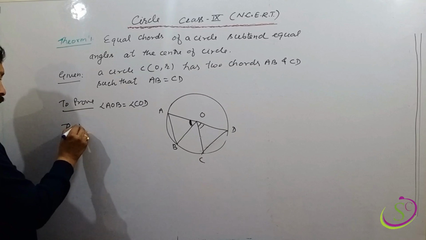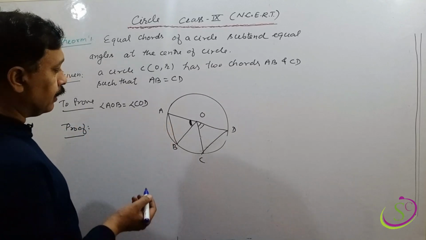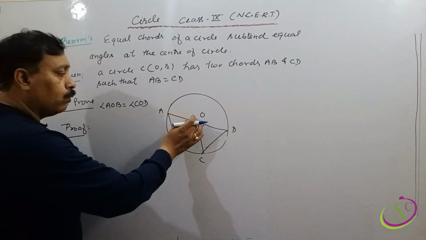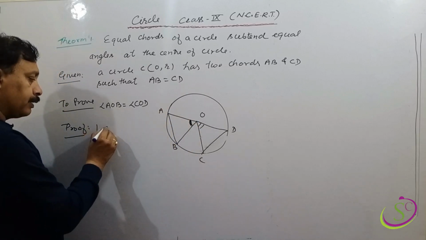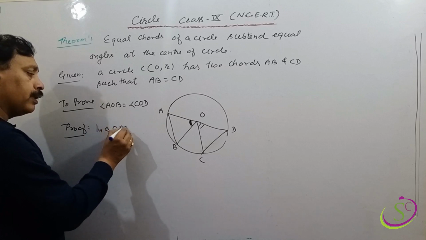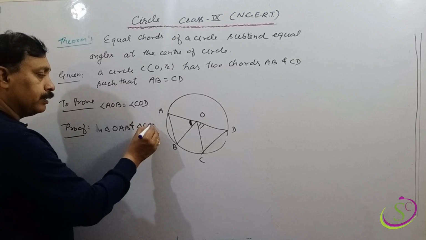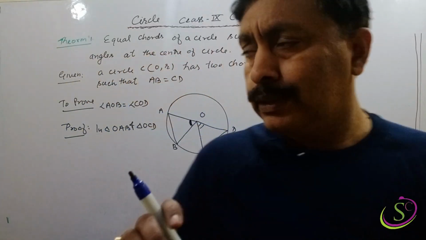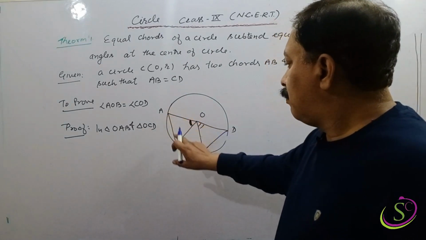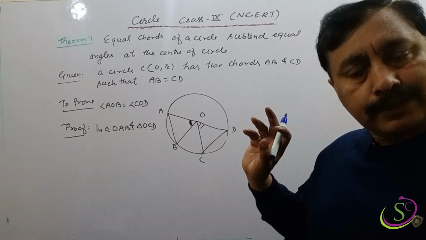To prove this, proof. Clearly, here are two triangles. One is OAB and one is OCD. In triangle OAB and triangle OCD. Clear?